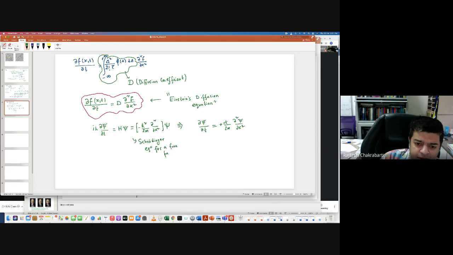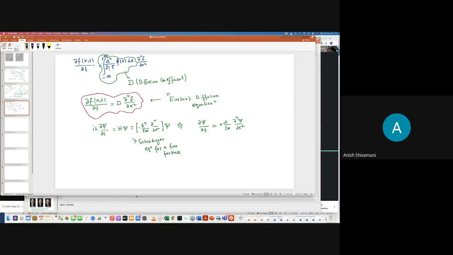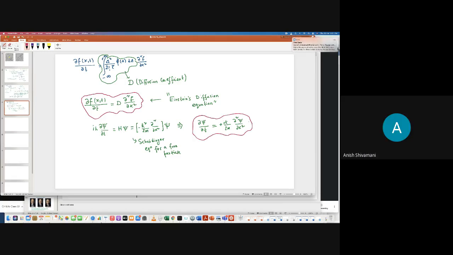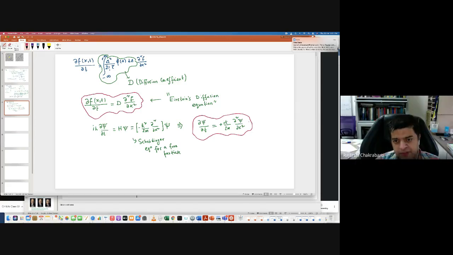Same structure. Look at it, Anish. Mathematically, same. Yes, but it's not a wave equation. The wave equation has a second derivative in time, but the Schrodinger equation does not. The same structure. How did you solve the Schrodinger equation?